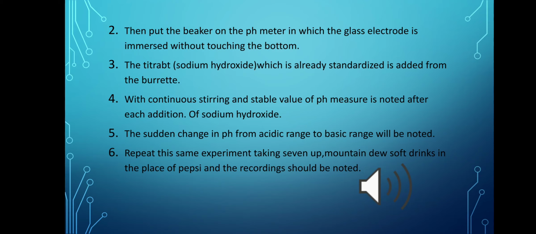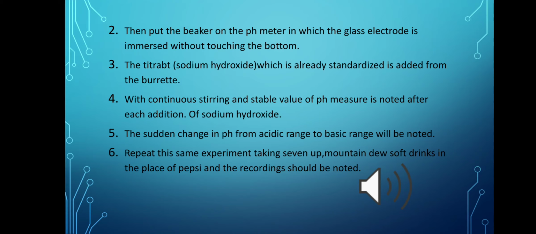The titrant NaOH is added from the burette with continuous stirring, and stable values of pH are obtained with each addition of NaOH from the burette.